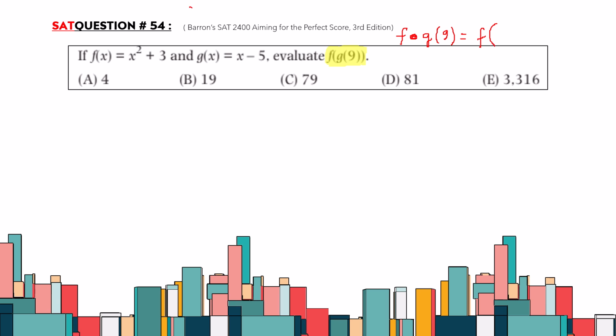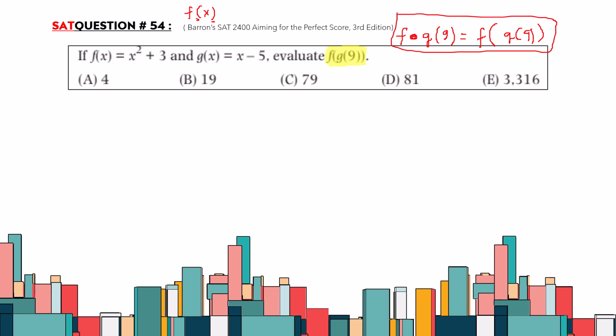Remember we say f of x, right? So "of" means you start using the parenthesis. So g of, parenthesis, 9. So if they write in different notations, you know what to answer, okay?